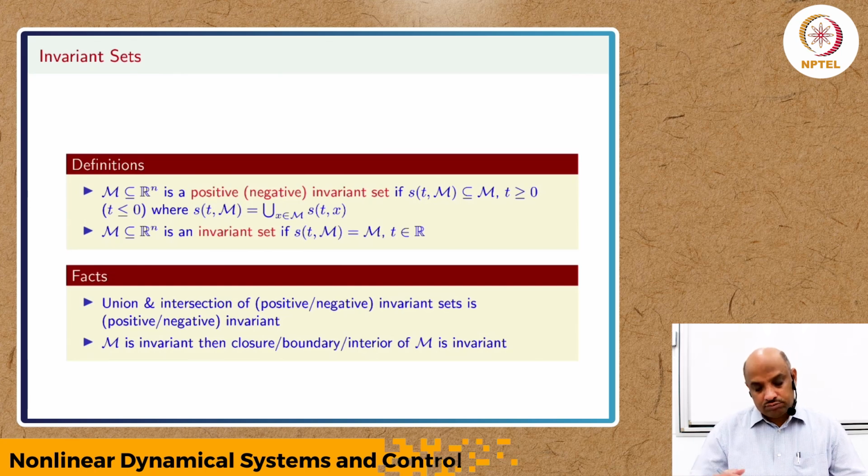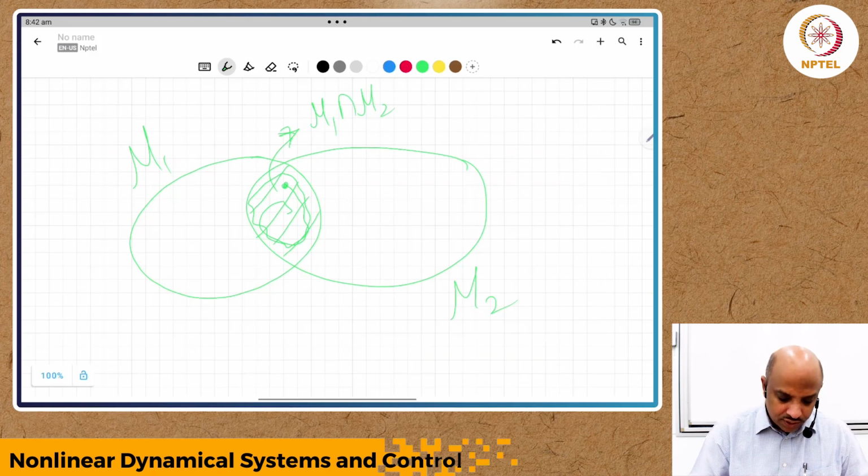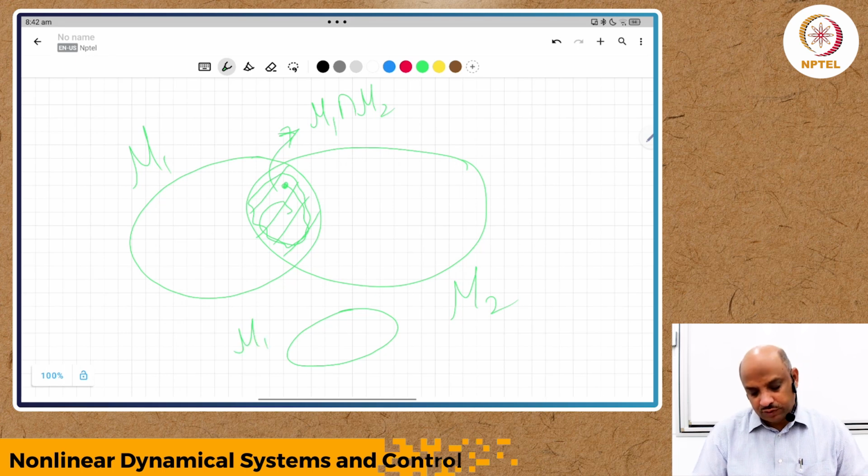Now, more interesting results, slightly more complicated to understand, where you have to be clear about real analysis: if M is invariant, then the closure, boundary and interior are all invariant. So for example, suppose you have this M1, and let's say this is an open set for simplicity, so the boundary is not included.